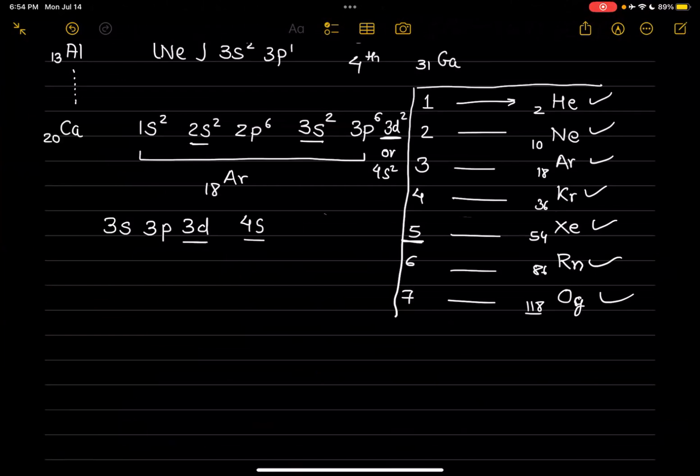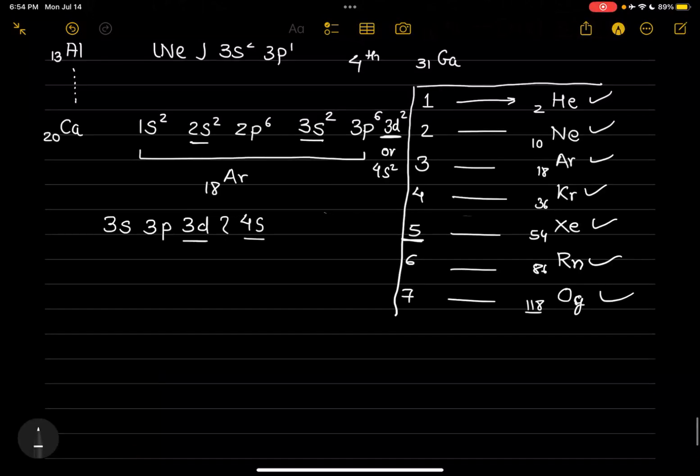I'm just going to get the idea of whether it is higher or lower by comparing values. Which value, n value, l value, n plus l value, will help me figure out which subshell has lower energy?